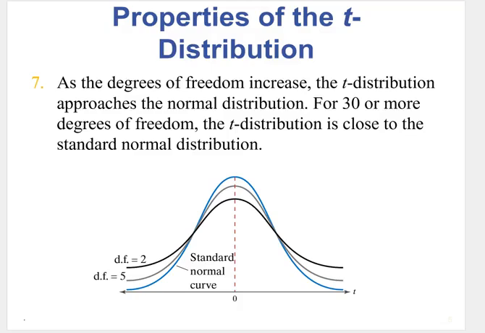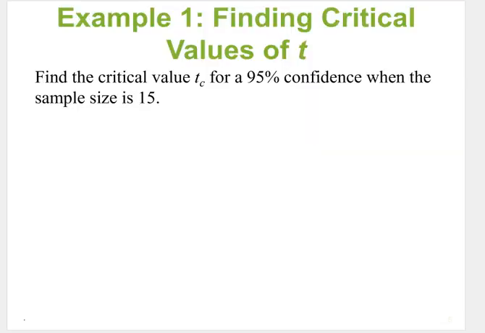First, we have to find critical values, those t sub c's. Just like we would do with the z, we are looking for 95% confidence and a sample size of 15. So our n is 15, which means we are going to use 14 degrees of freedom. The t chart looks slightly different, so let me show you.